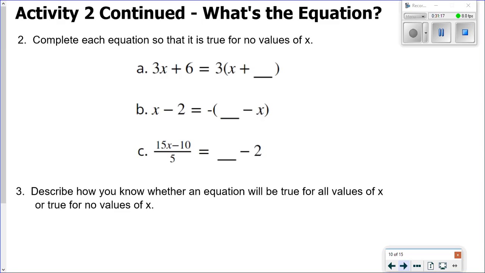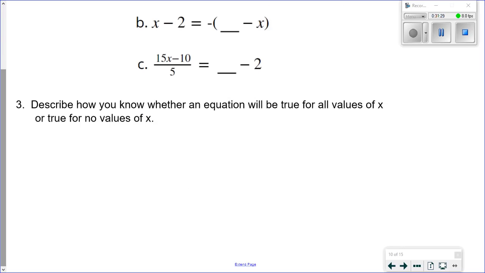Hopefully you have it at the bottom of page 32 in your notes earlier. You can simply transfer this over at this time, but reminding you that how do we know whether an equation will be true for all values of x? So for all values of x, will tell us that both sides of the equation are equivalent.